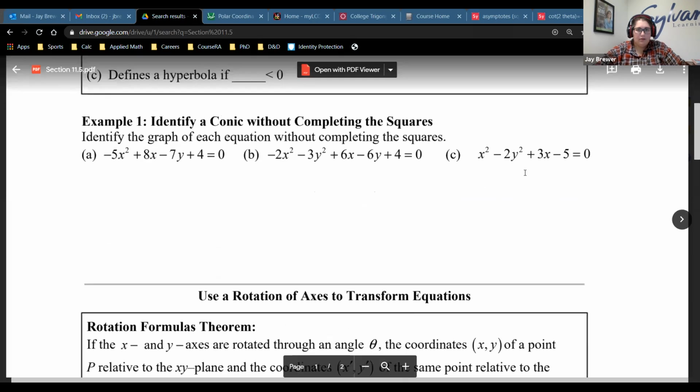Okay, so here are some examples for us. If we're looking at example 1, option A, it says negative 5x squared plus 8x minus 7y plus 4 equals 0. So what's my A value? Negative 5.